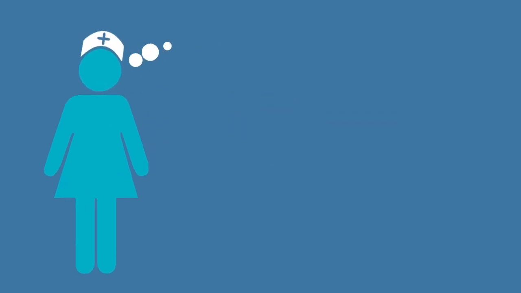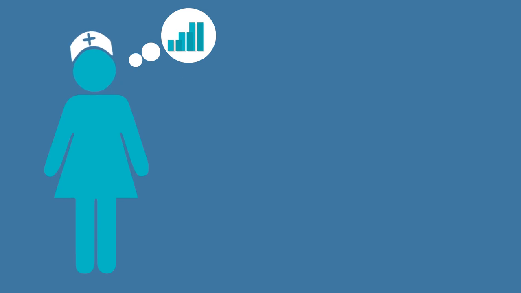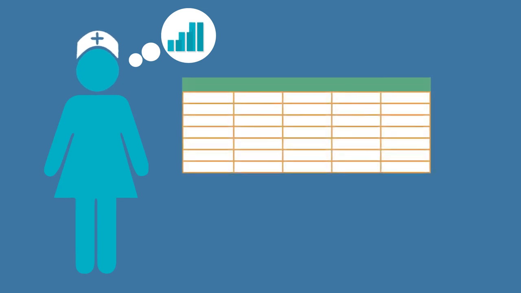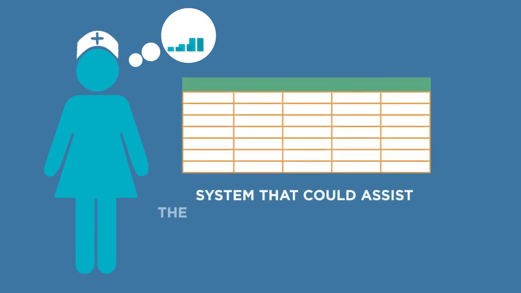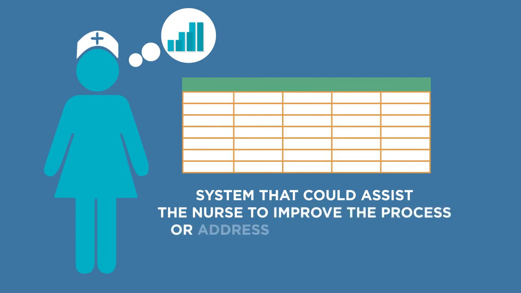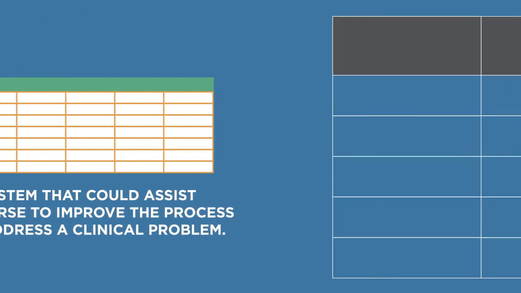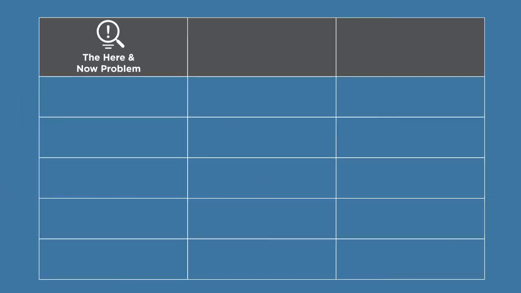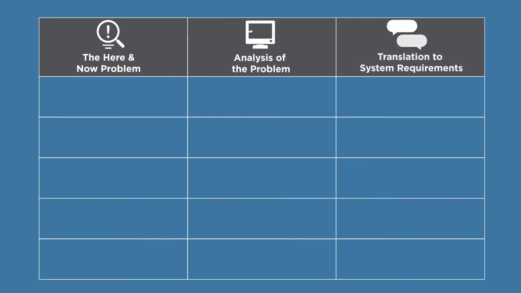The table below provides an example of how a nurse could analyze a clinical process to determine how a system could assist the nurse to improve the process or address a clinical problem. The here and now problem, analysis of the problem, translation to system requirements. What is done? Why is it done? What should be done?